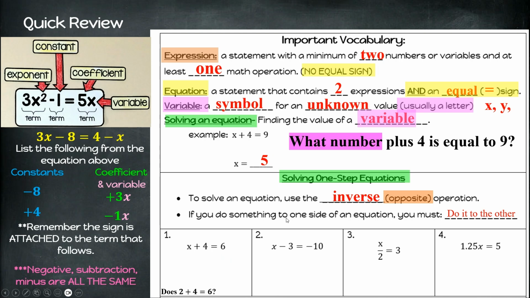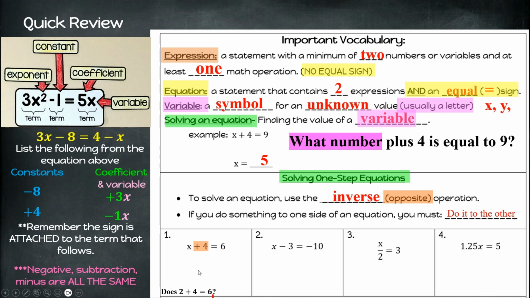And remember, whenever we're solving an equation, whatever we do to one side of the equal sign of an equation, we must do to the other. I can draw it on here real quick. This is a side of an equation, x plus 4, and the 6 is the other side of the equation.